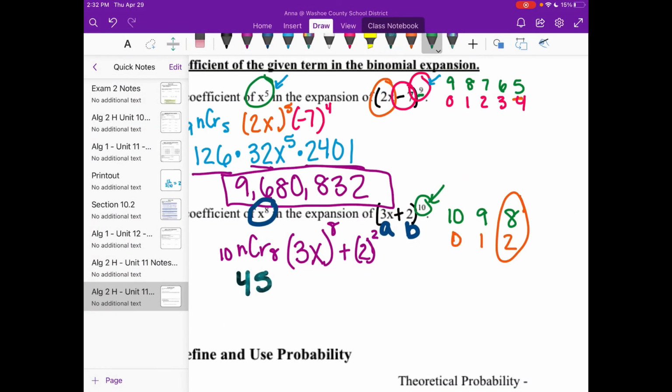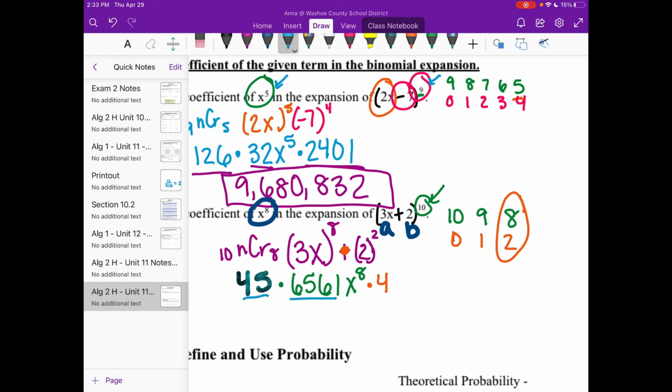Okay, 3 to the 8th is 6,561. If you want the x to the 8th there because it makes you feel better, you absolutely can, but really we care about the coefficient. And then, I don't know why I put a plus there. I'm sorry, that's a times. Times 2 squared is just 4.